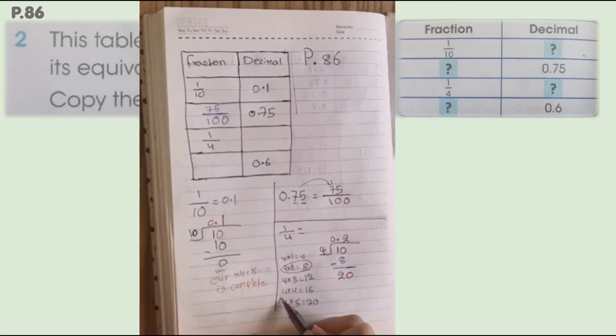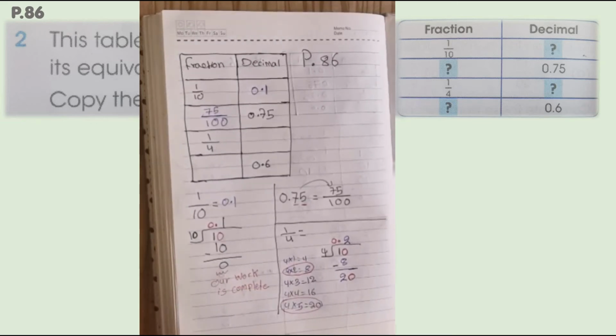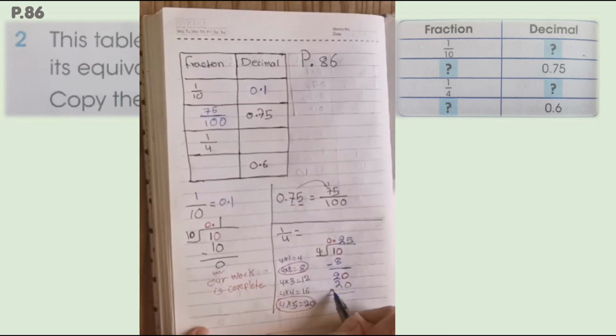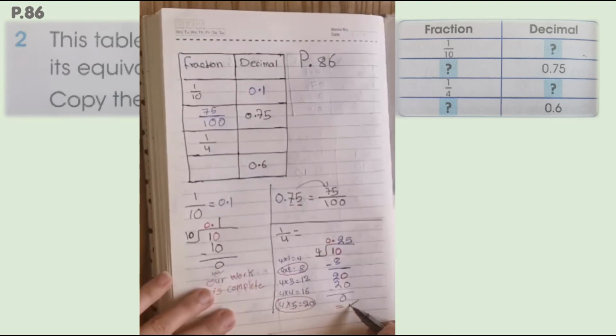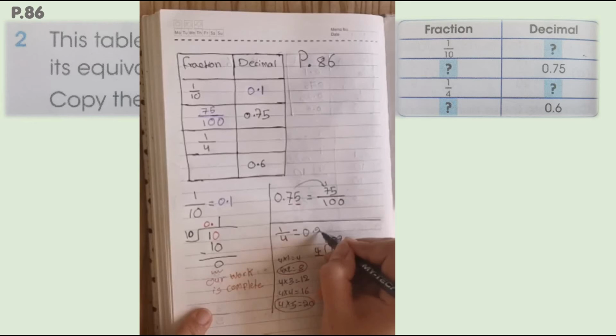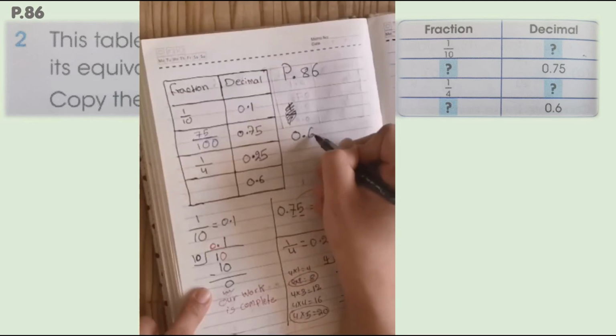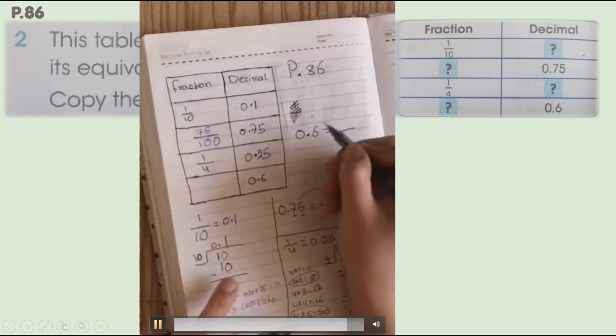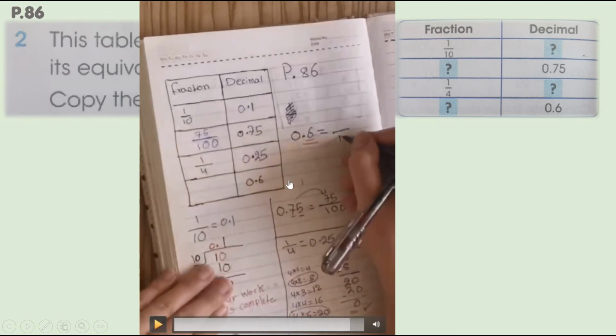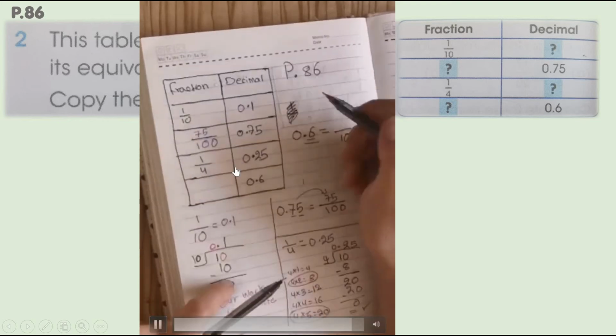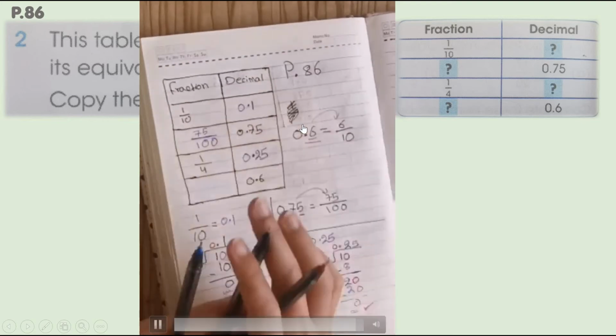If we multiply 5 with 4, we get 20, so 20 minus 20 is 0, and our work is complete. Then 0.6: because this is a decimal and we only have one place value here, which is the tenth, our denominator must be 10. And then we put the 6 in the numerator's place.